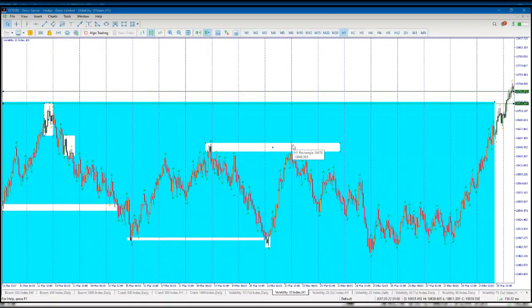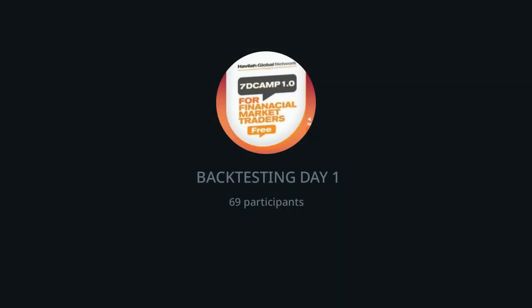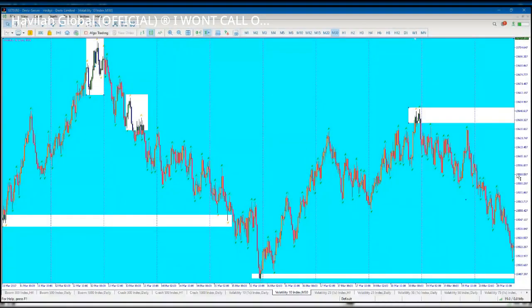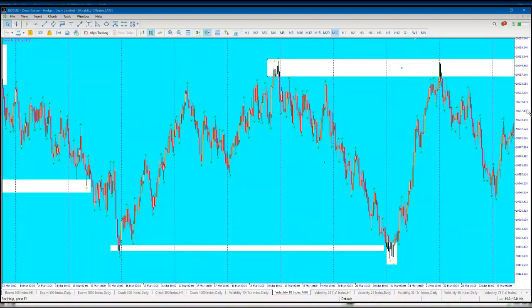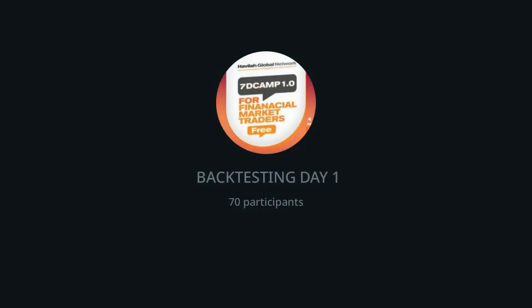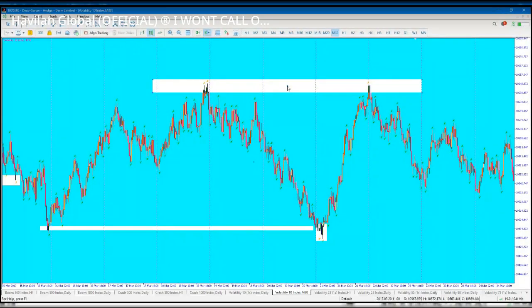Let's see where it turned back from exactly. If you want to take this trade, probably you entered here. Your sell limit will be here, and your stops will be here. Almost hit your stop loss.